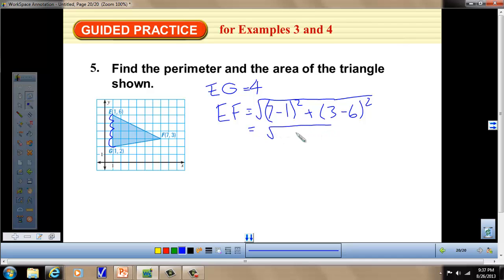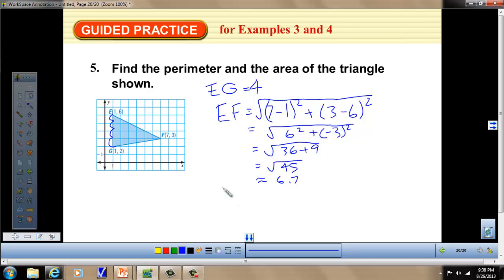That gives us the square root of 6 squared plus a negative 3 squared. So here we have 36 plus 9, which gives us exactly the square root of 45, which is approximately 6.7.